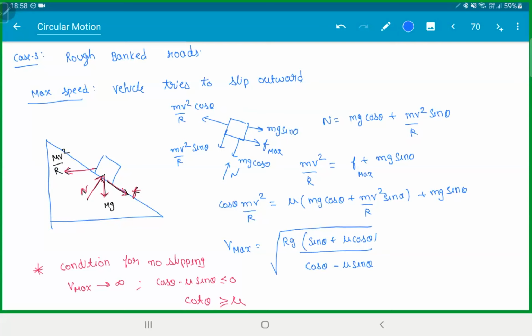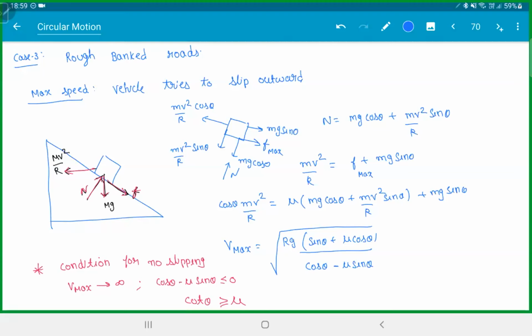Have a look at the steps. Now you can find the minimum speed also. What happens if you go too slow?